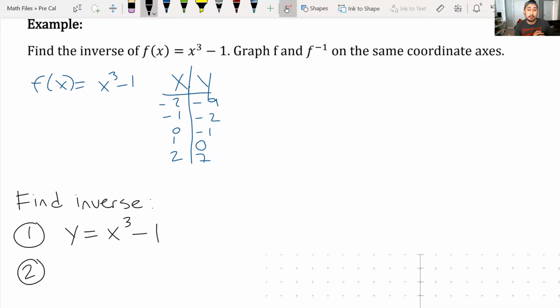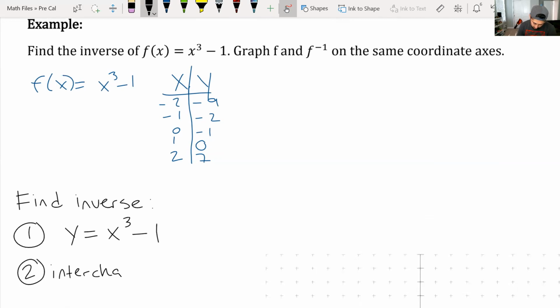So if we go back like 2 pages, when you find the inverse, remember domain and range switch places. And remember, domain is x, y is range. So if the domain and range switch places, this means x and y always switch places. So step 2 is the important step in finding the inverse because we interchange their roles, right? We interchange their roles. So I'll put it here.